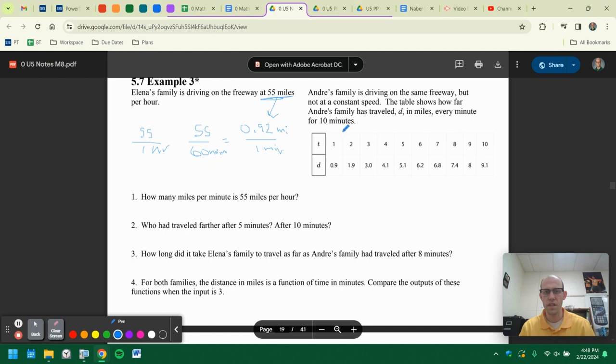These are in miles and minutes. So I can see at 1 minute, comparing that to Elena's, Andre's family is not going as far. Elena's is going 0.92, Andre's is going 0.9. Elena's is further.